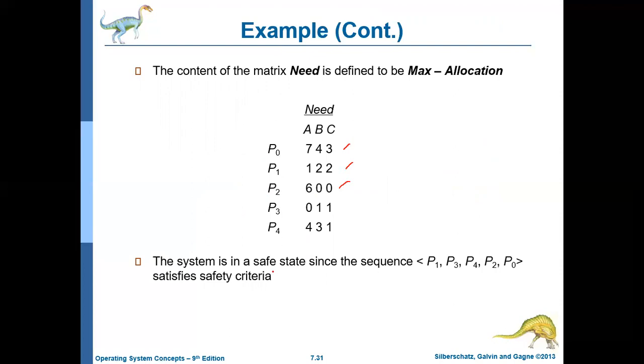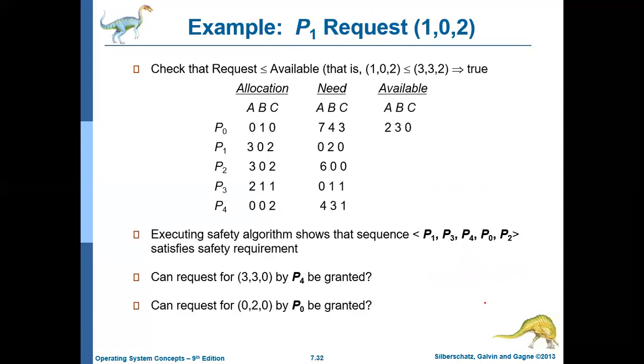Yes, this is a safe state because there exists a safe sequence: P1, P3, P4, P2, P0. In this order, if they execute, the resource requests of all the processes can be satisfied. So currently the system is in a safe state.